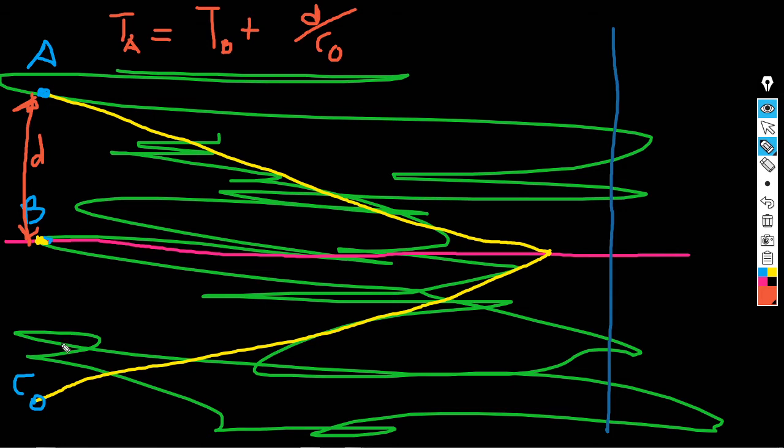And if C is at the same distance as A, it has the exact same time of arrival formula. All we have to know is the distance from A to B, the speed of sound, and the initial time of the bullet, and we can calculate when it arrives.